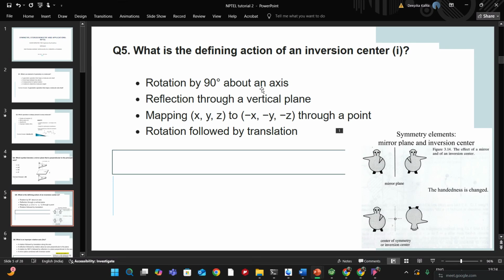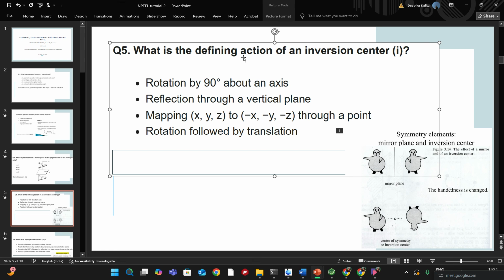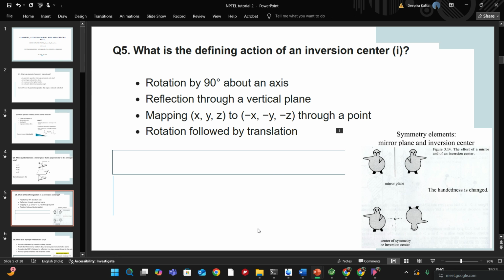Next, let us talk about inversion center. What is the defining action of an inversion center? Is it rotation by 90 degrees about an axis, which is equivalent to C4, reflection through a vertical plane, mapping XYZ to minus X minus Y minus Z through a point, or rotation followed by translation? So for your reference, I have put a picture here, okay? So if we are talking about a mirror plane, then it will absolutely mirror the image which is given.